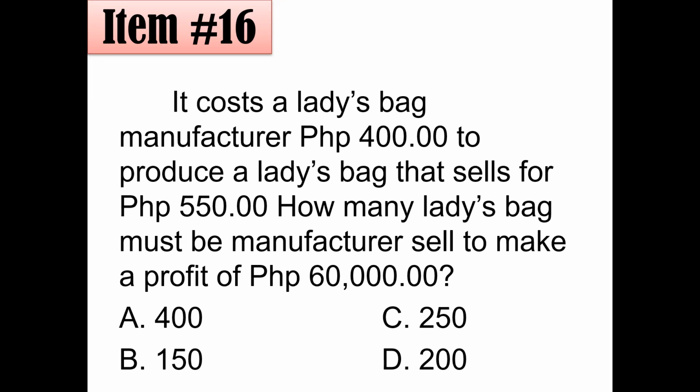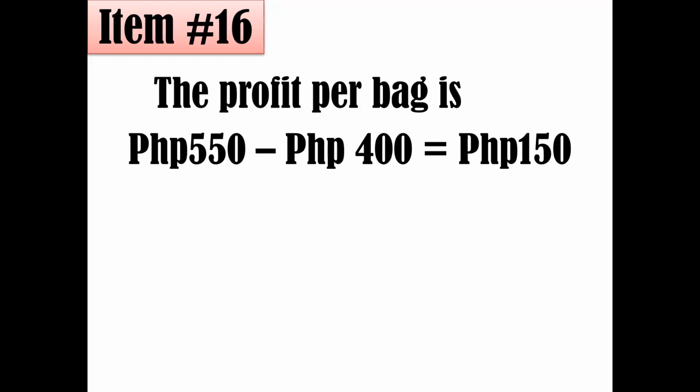Tama, I agree with you, ma'am and sir, no? Yung kita niya kada bag na mabebenta ay 150 pesos. Okay? So, the profit per bag is the difference of the selling price and yung capital per bag. So, 150 pesos po yan.